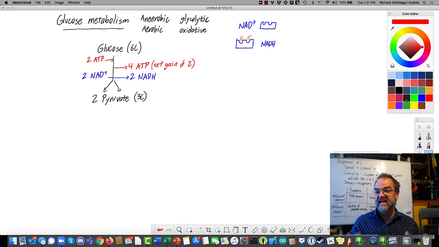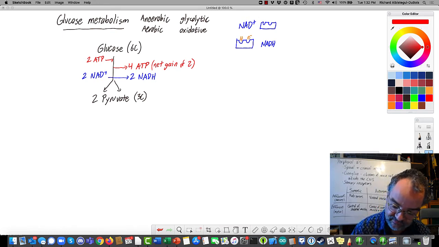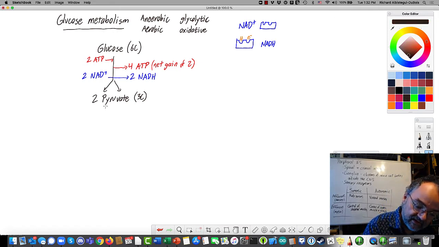So the NADH has to put those electrons somewhere. One option for what it can do with it is to take those NADH, take those electrons and drop them onto the pyruvate.